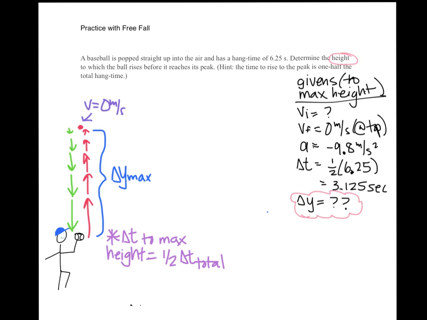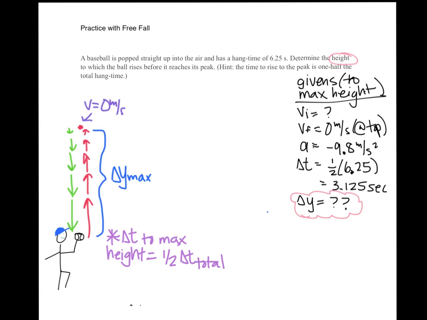Final velocity, though, at the top here, if I'm just looking at the first half of the trip, and this is my initial velocity, my final velocity up here would be 0 because, like I said before, this is going to be helpful in solving problems. I know that acceleration is negative 9.8 meters per second squared because the ball is in free fall, so it's experiencing an acceleration due to gravity.